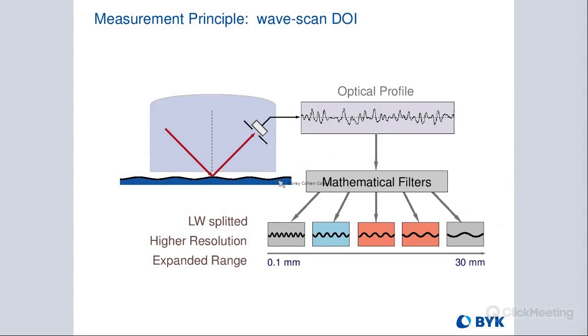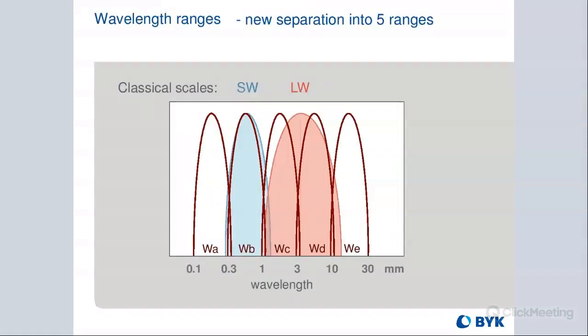And so that optical profile was then taken and split into finer categories of structures. These are the W values that we get out of the instrument: WA, WB, WC, WD, WE. WA tells us how much structure there is in the 0.1 to 0.3 millimeter size range.